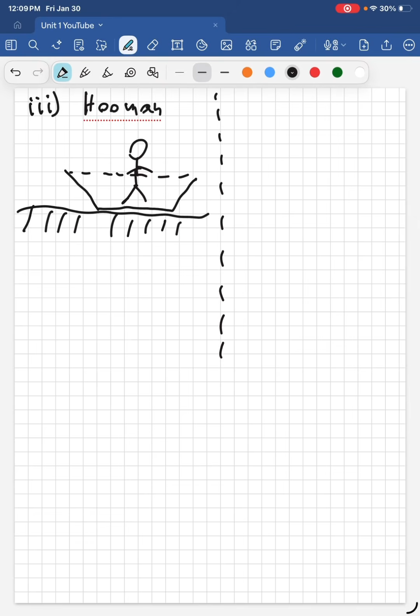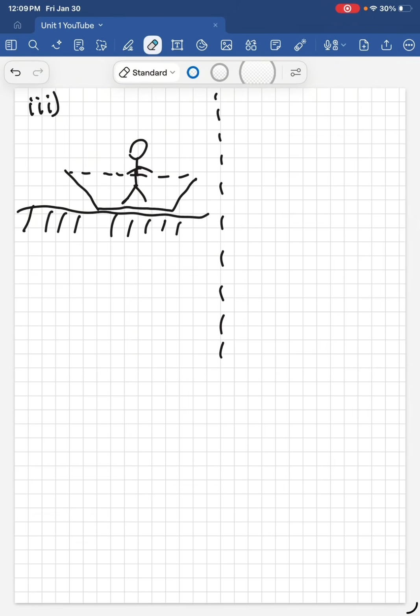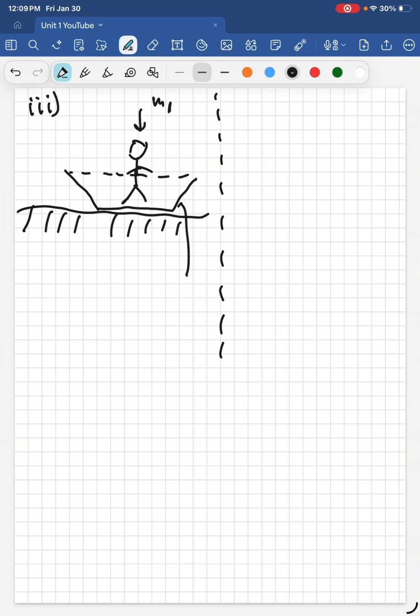That's how I write humans for fun. So we have a human in the boat. The human has a mass m1, and the boat has a mass m2, and the system is stationary. So the momentum before is 0.